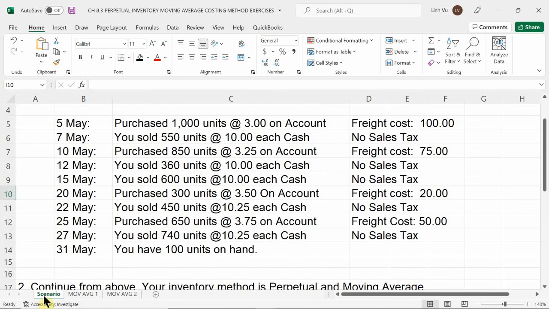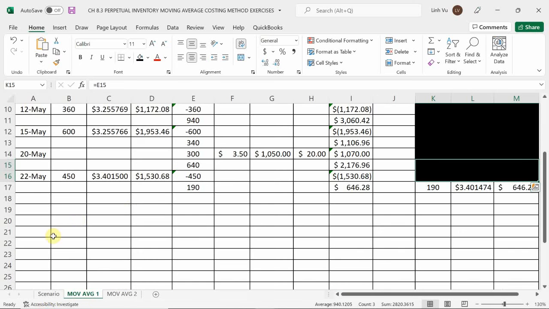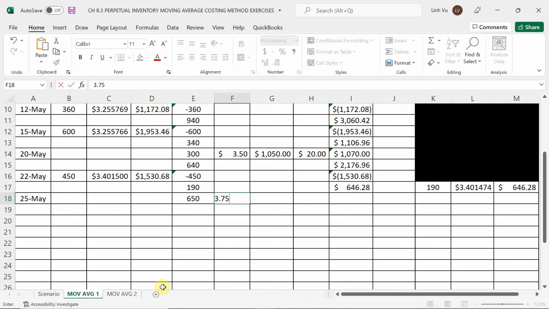May 25th rolls around and we end up purchasing 650 units. We purchased 650 units at 3.75 with a freight of 50.